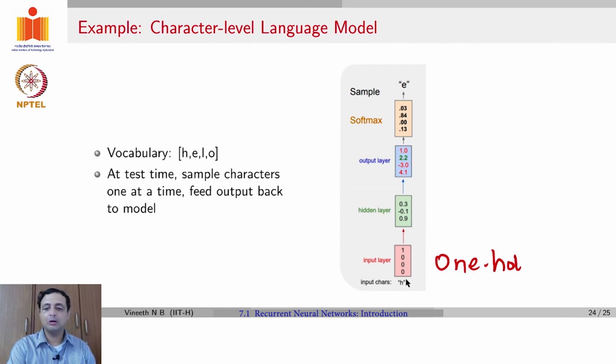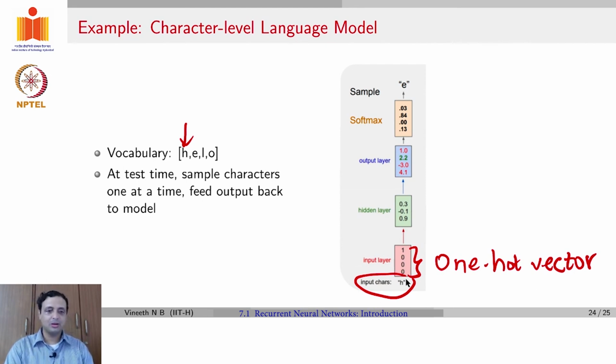A one-hot vector is a vector which has a 1 at the position of the input from the vocabulary, and a 0 elsewhere. Since H was the first character here, if your input character was H, the corresponding one-hot vector would be 1000.